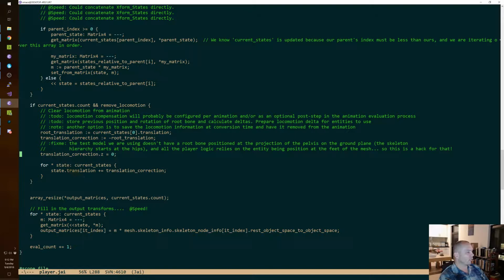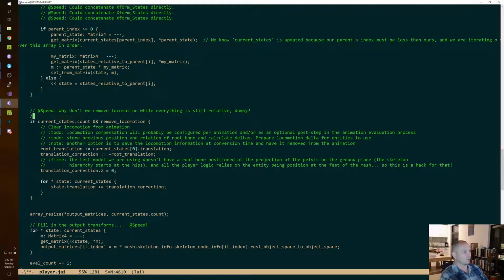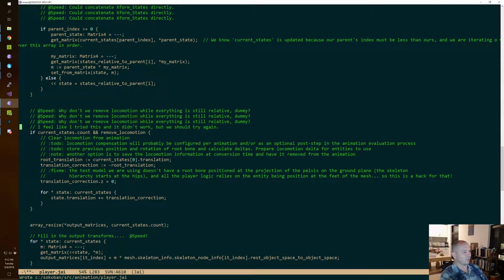like actually, so for this subtraction, why don't we remove locomotion while everything is still relative, dummy? I feel like I tried this and it didn't work, but we should try again. Okay. Anyway.